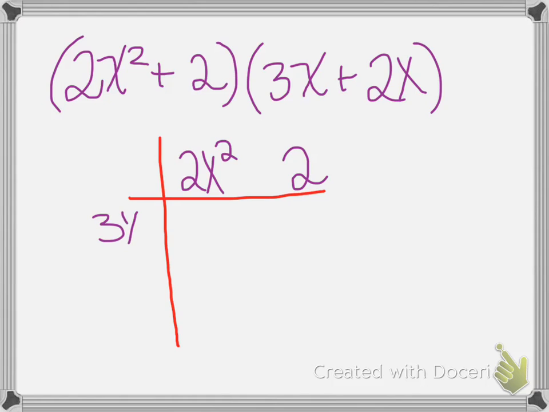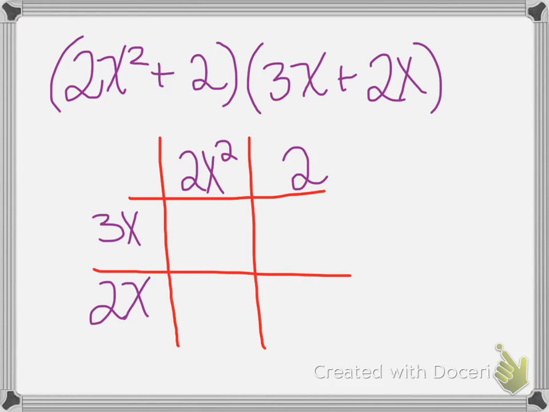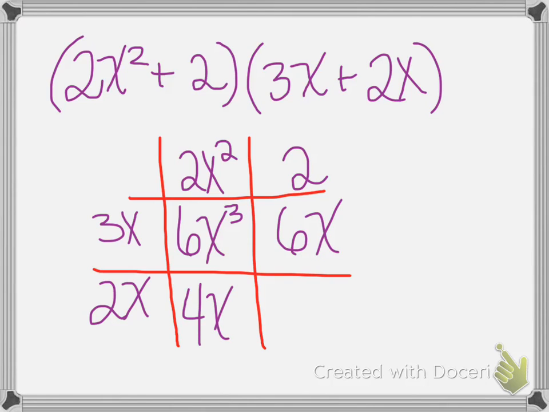Then take the second polynomial and write it along the side, 3x plus 2x. Make a chart, and then we're just going to play mix and match. So 2x squared times 3x is going to give you 6x cubed. Next we have 6x and 4x cubed plus 4x.